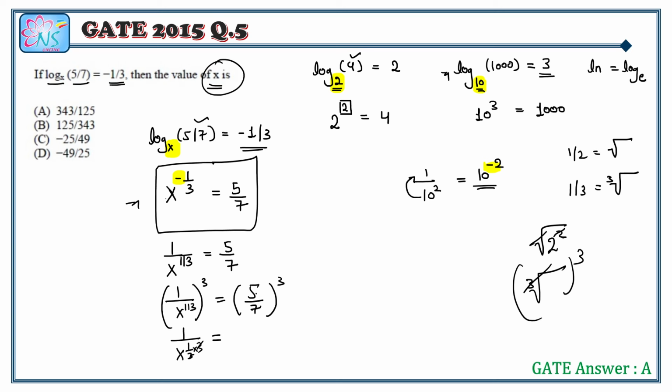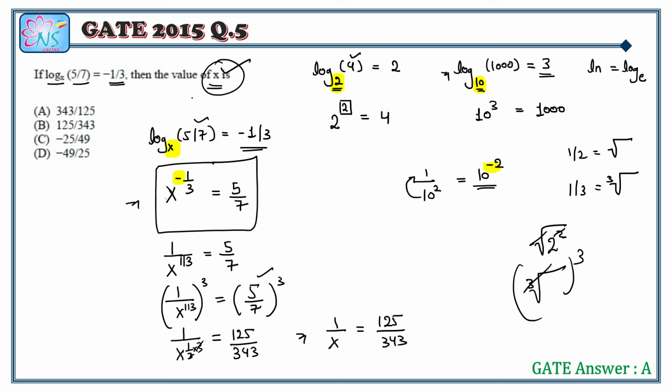But over here we have to do the cube on the numerator as well as the denominator. So 5 into 5 into 5: 5 5 is 25, and 25 into 5 is 125. Then 7 7 is 49, and 49 into 7 is 343. So from this we get 1 by x equals 125 divided by 343.